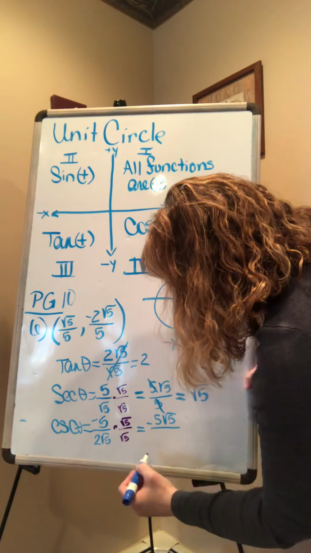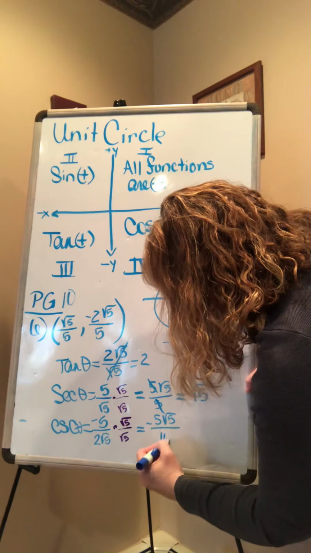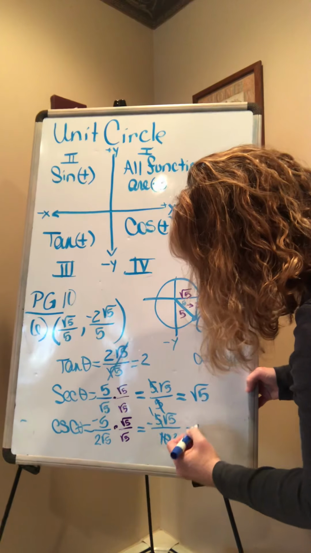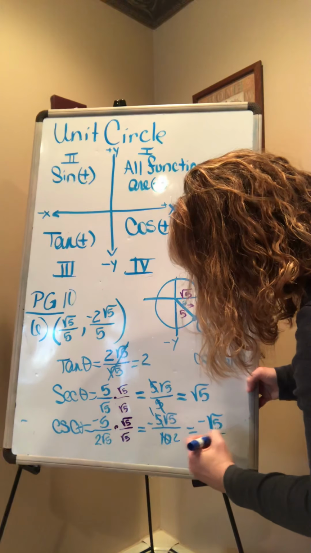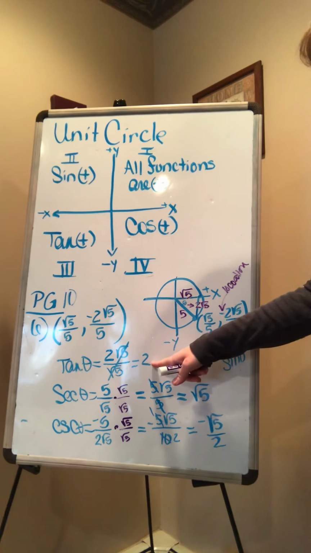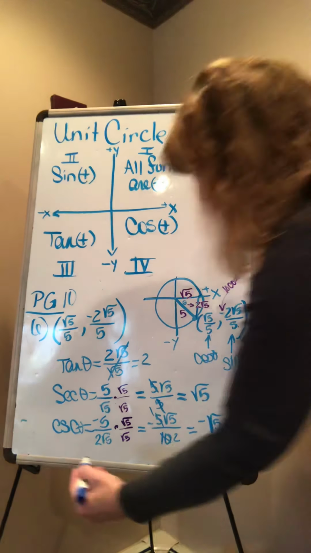Rad 5 times rad 5 is 5, so 2 times 5 is 10. And 5 and 10 reduce to 1/2. So now I have negative 1 rad 5 over 2 for the cosecant. Cotangent, super easy. You flip 2, you get 1/2. So cotangent is 1/2.